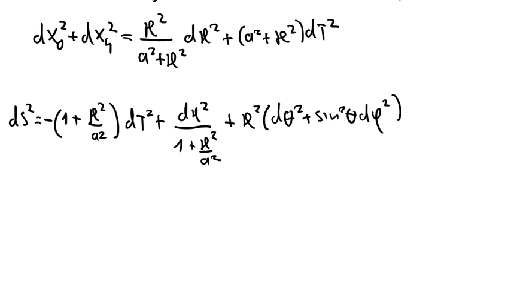If we just look at this metric, we need to remember something important: when we have a pseudo-Riemannian manifold, the metric doesn't determine the topology of the manifold.